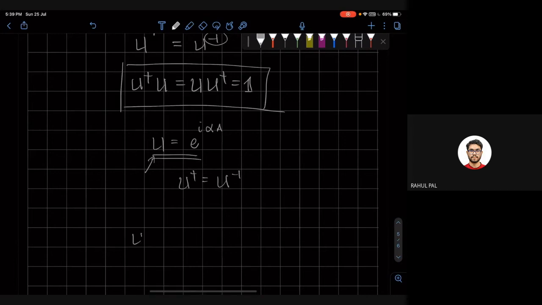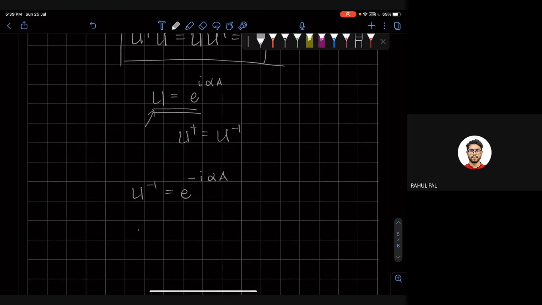It's easy to see that U inverse needs to be this thing, because then U inverse will be e to the minus I alpha A. Because an operator will always commute with itself, we can write this like that, because the exponents will add like numbers.